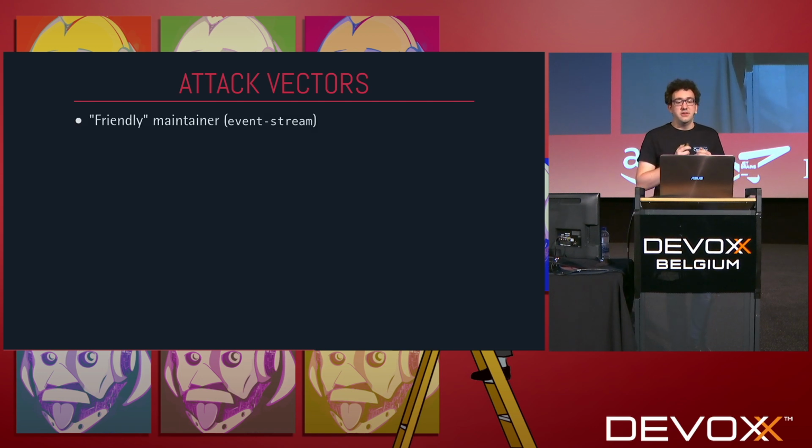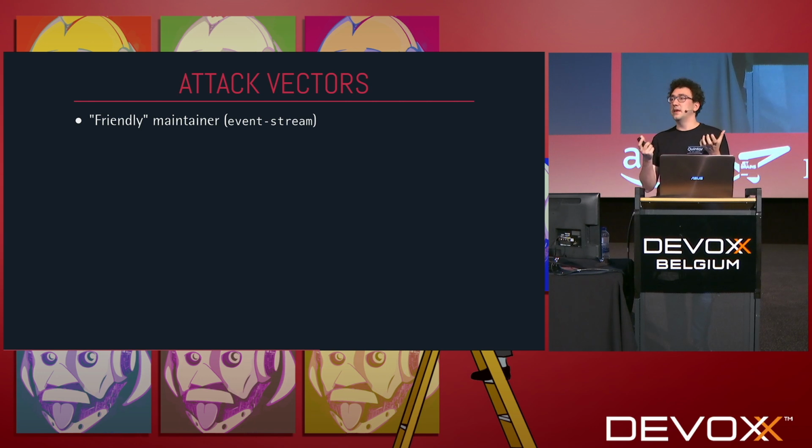And this actually happened with the event stream package. The event stream package was the package that Alex targeted, and using this dependency, they caused a Copay Bitcoin wallet to release multiple vulnerable versions.